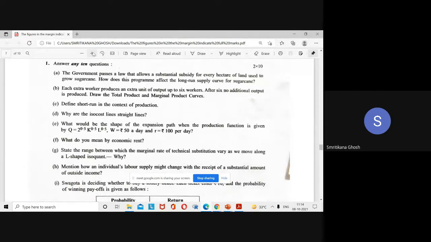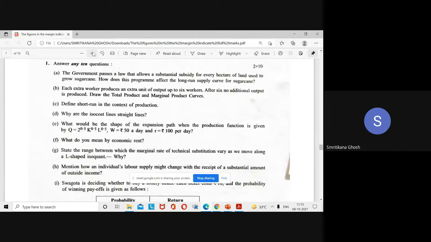So the MPL curve is initially parallel to the horizontal axis at the vertical value of 1, and then it will drop to the horizontal axis, because marginal product will be 0. The marginal product curve will be a step diagram.